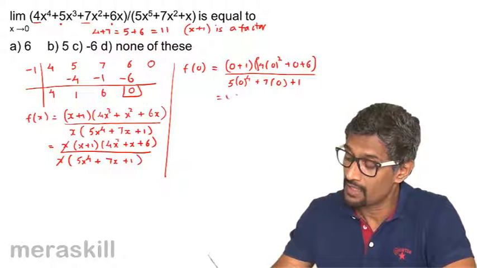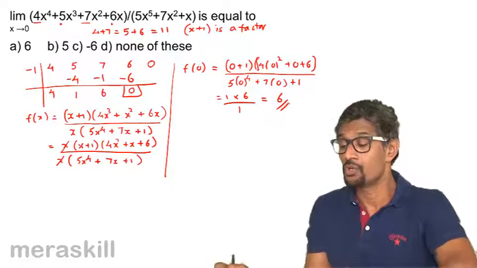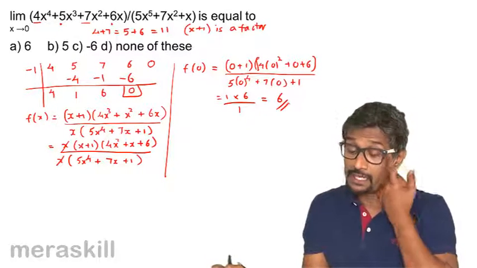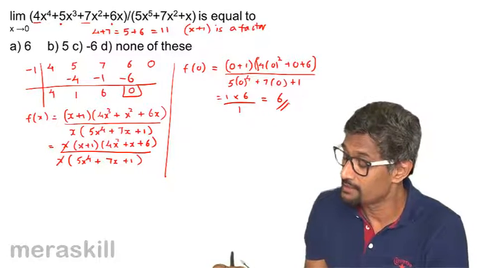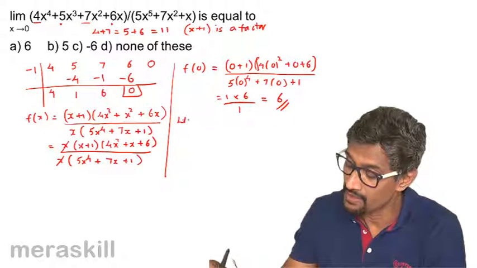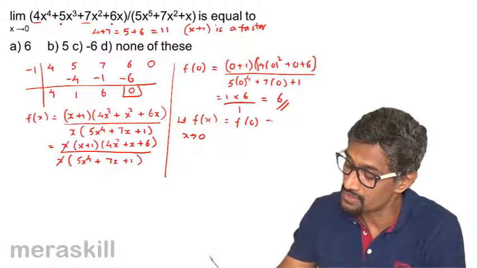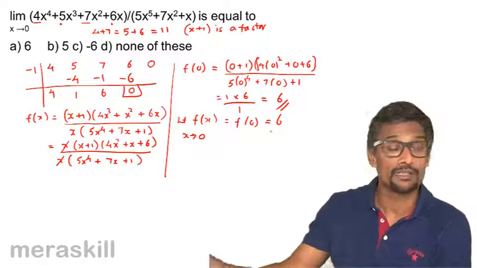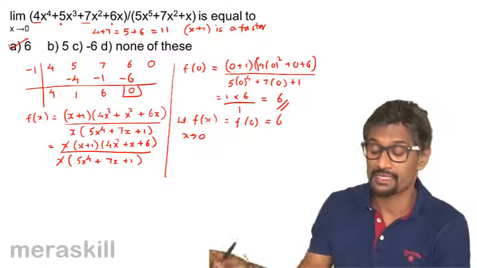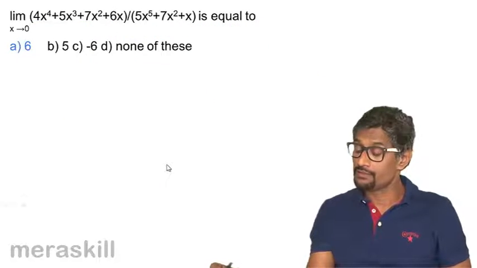Ultimately, this will become 1 into 6 in the numerator. The denominator is just 1 and you get 6. So the value of this particular expression turns out to be 6, which is the same as the limit of this function as x approaches 0, which is the same as f of 0, turning out to be 6. So among these, 6 is the correct option. Okay, we do get it as 6.